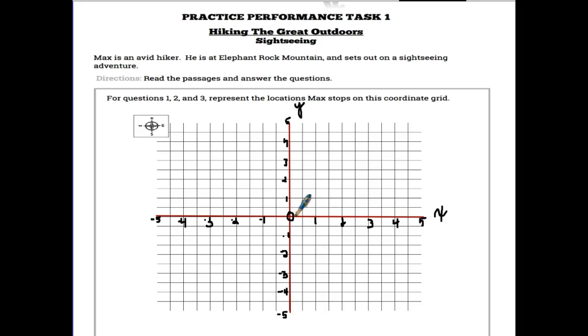So -2 and 2. And this is where he starts. Or this is his camp. Okay?